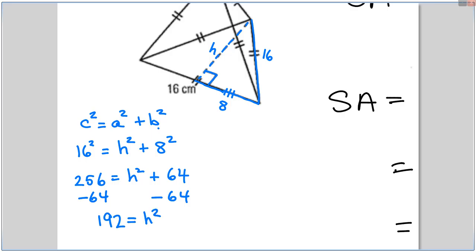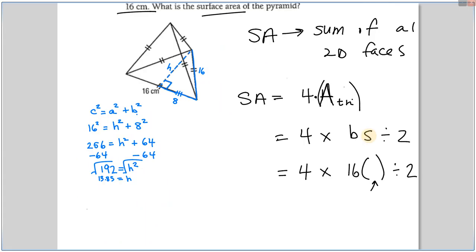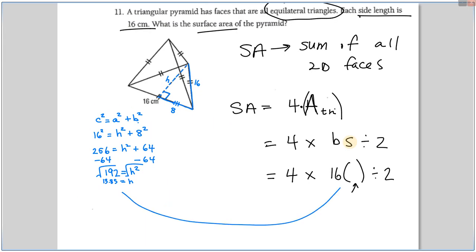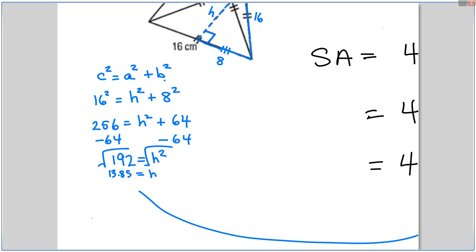And now you can square root. 13.85 or something. So just take a couple decimals for accuracy. And now we can put that 13.85 right there. Got it?